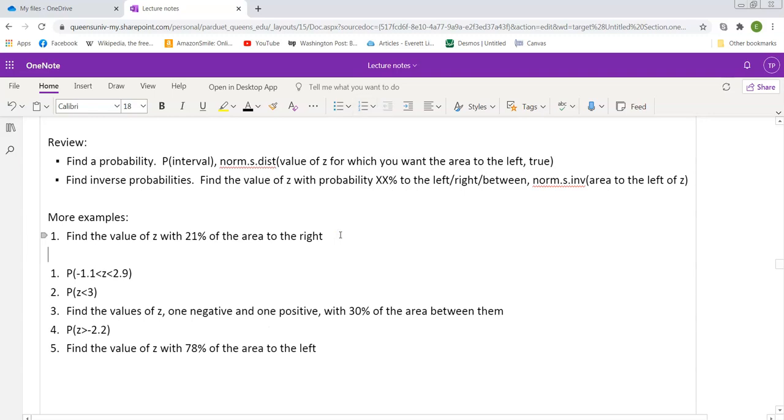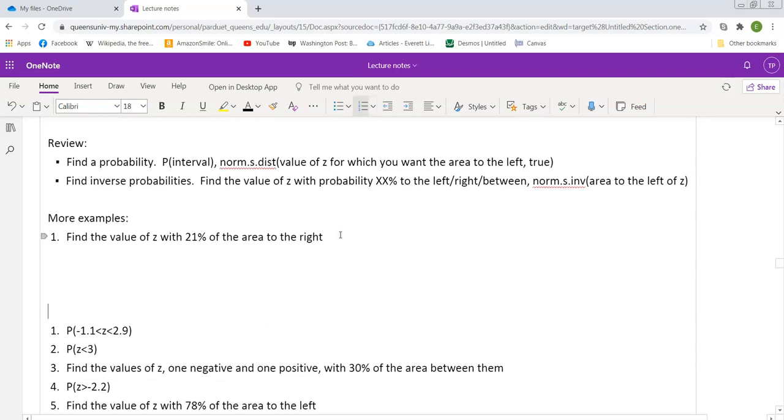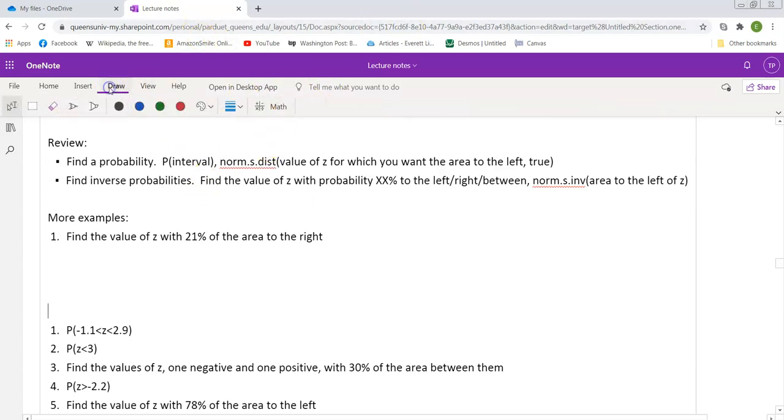So let's look at this first one. And we're going to sketch all of them. So the value of Z with 21% of the area to the right. So here we've got that area there is going to be 0.21.